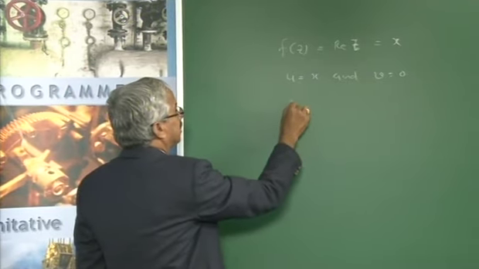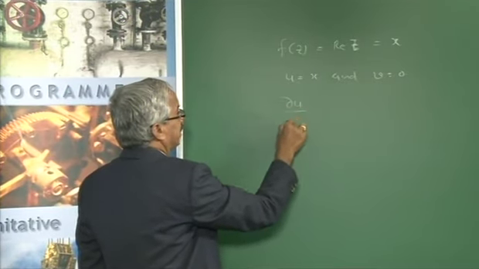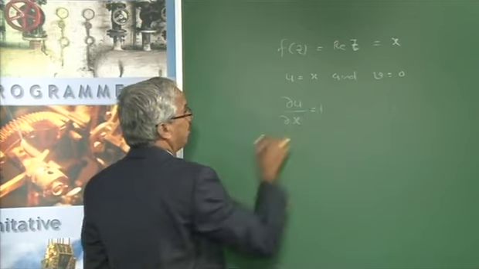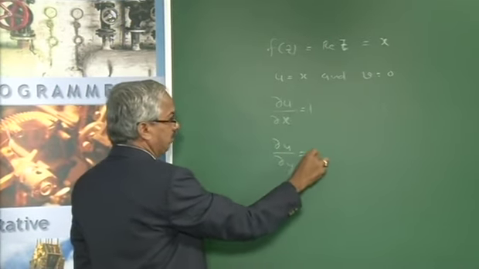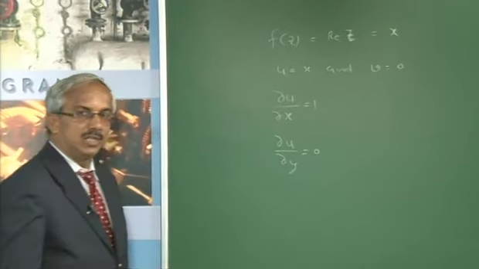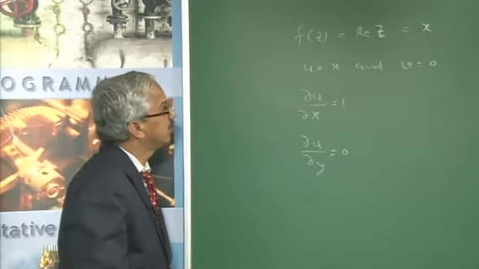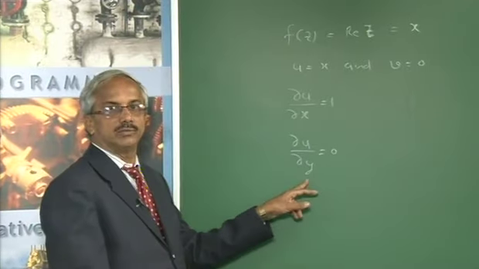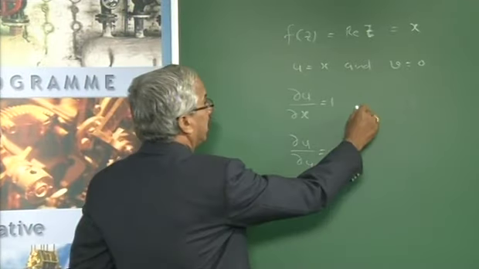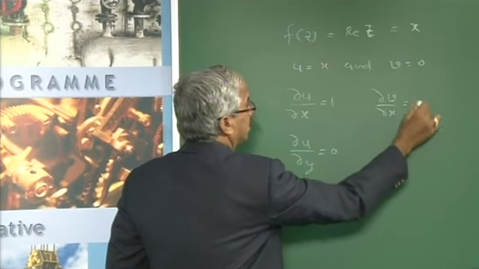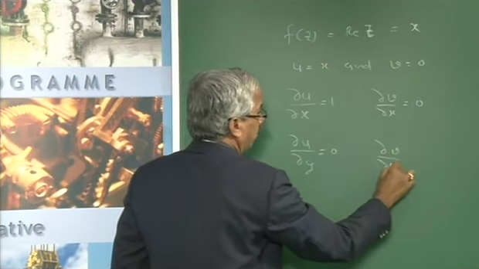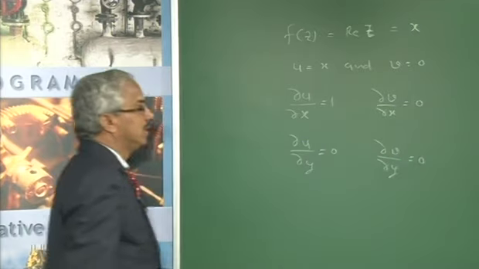Then find these necessary conditions: ∂u/∂x = 1 and ∂u/∂y = 0. If I differentiate with respect to x, you get 1, and with respect to y gives 0. In the case of v, ∂v/∂x = 0 and ∂v/∂y = 0.